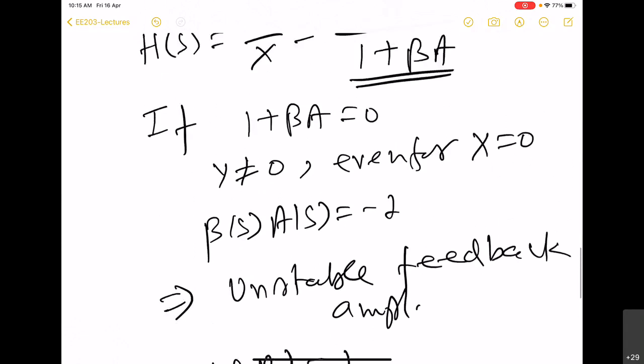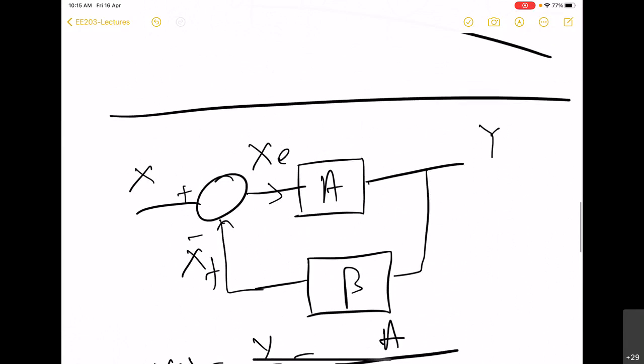So why does this become unstable? Here we can see that if we give any sinusoidal input, then initially we get the same sinusoid input here and it gets amplified and appears here with larger amplitude.